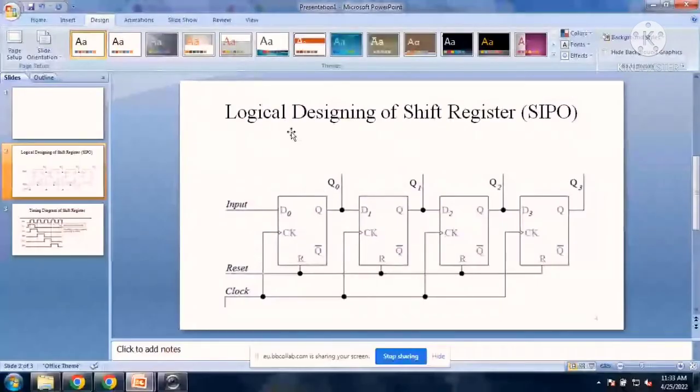So here you see that in this logical diagram, the output of one flip flop will be the input of another flip flop. Same thing we will make the connection like this.